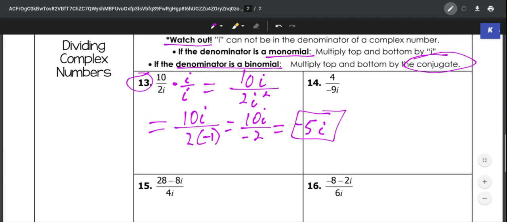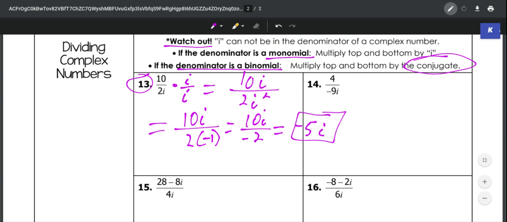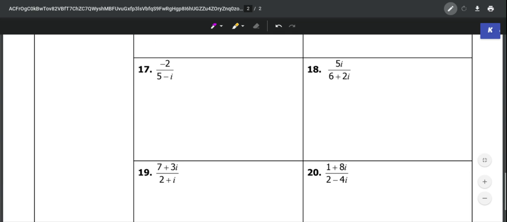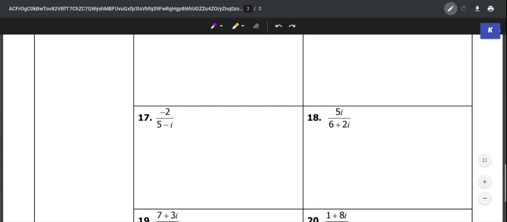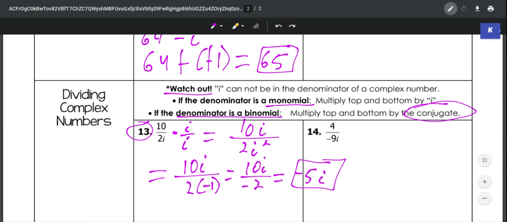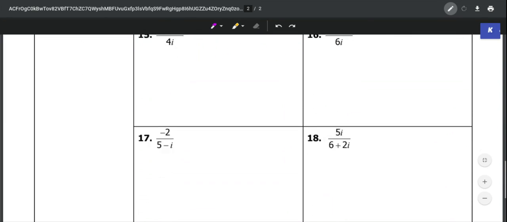Let's look at when the denominator is a binomial. That means our denominator is 2 terms instead of just 1 term. When we have that situation, you have to multiply the top and bottom by the conjugate.